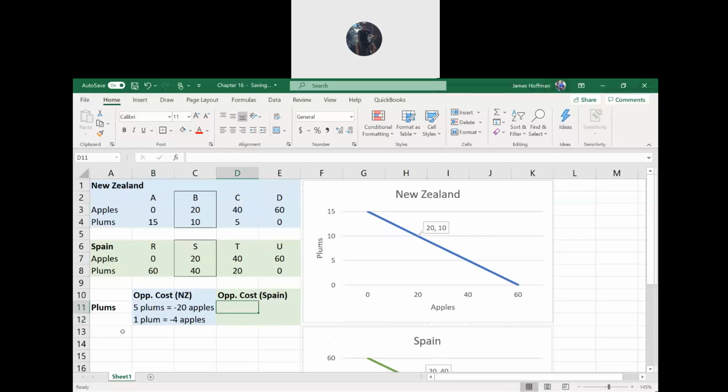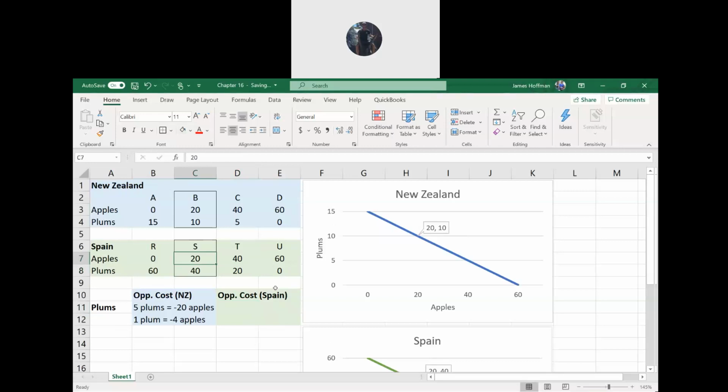But let's just do the full analysis. Each time Spain produces 20 plums, they lose 20 apples, right? Plus 20, minus 20, plus 20, minus 20.